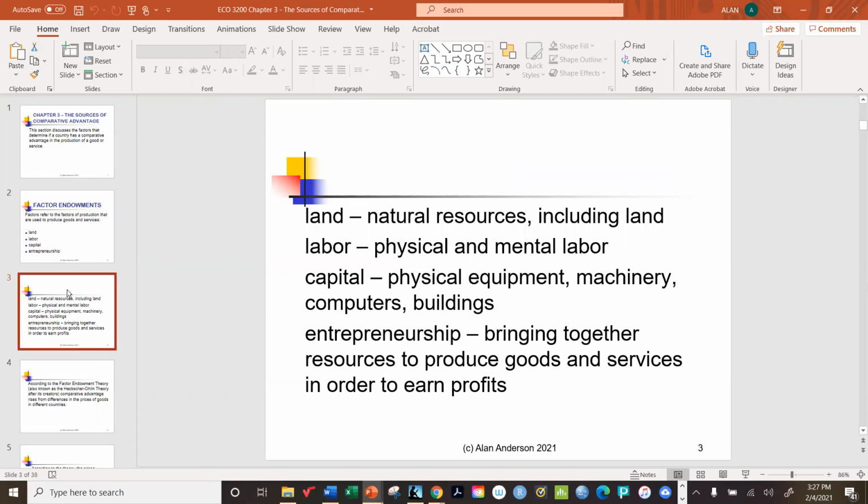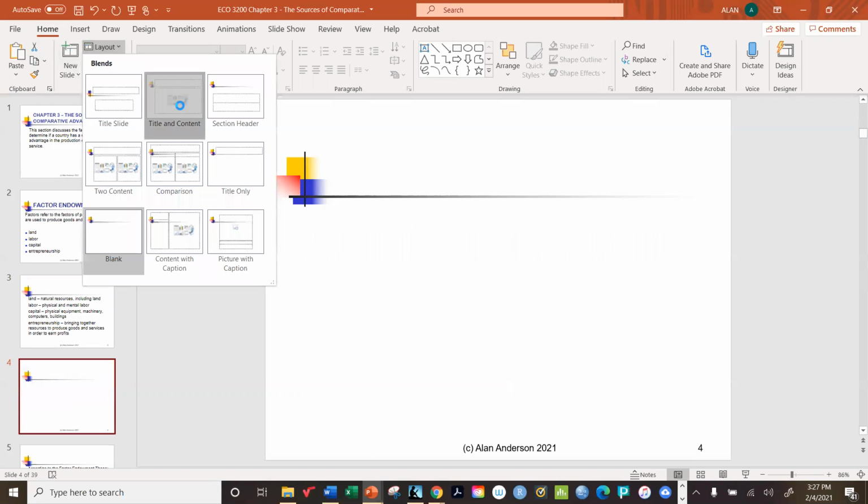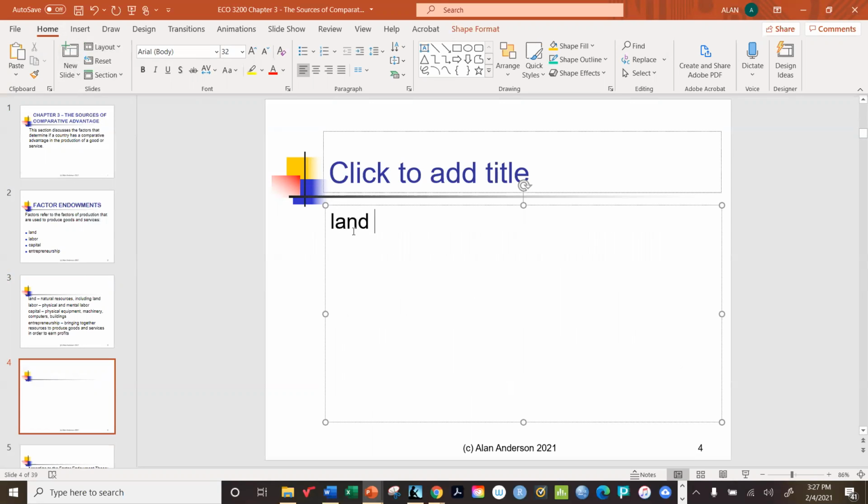We have land, which doesn't just mean land, okay? That's a little too narrow. It refers to all natural resources, including land. Okay, so what other things could be included in land? All right, let's think about this for a second. Land includes, how about crude oil? Yes, that counts.